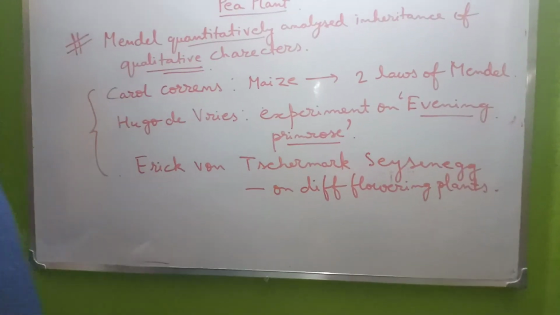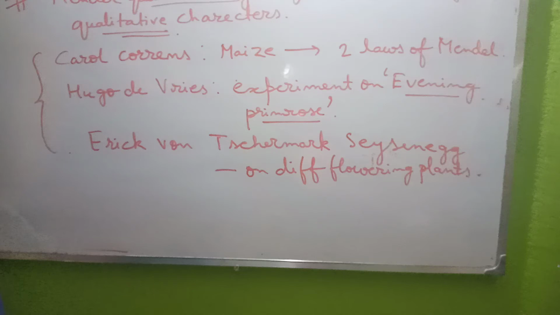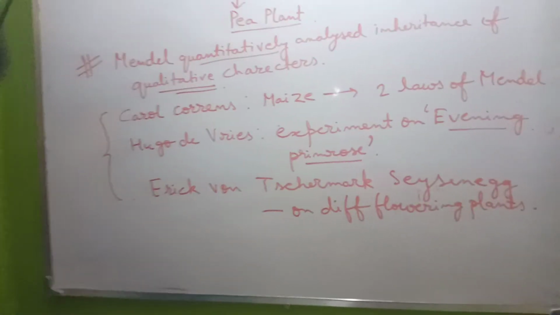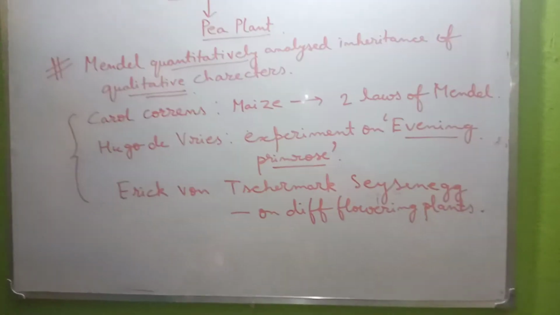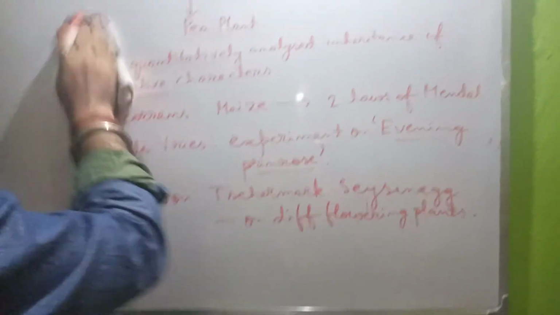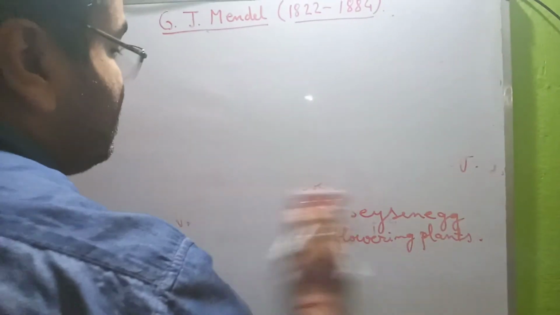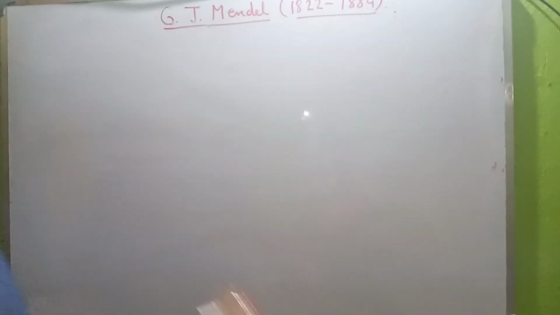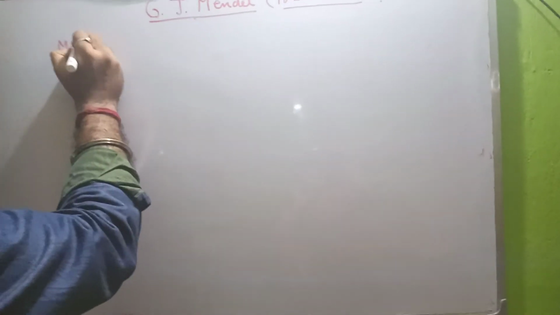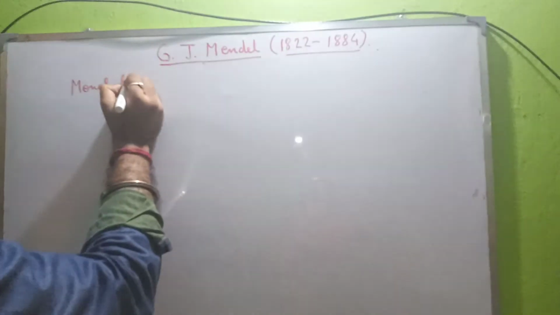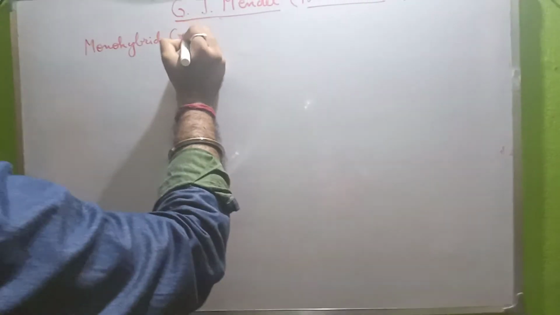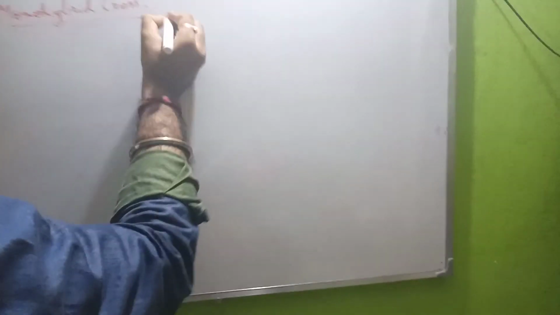Now the next portion from here is, we will be talking about the monohybrid cross, which Mendel had studied. What is a monohybrid cross? Monohybrid cross, as the name suggests, mono means one character.